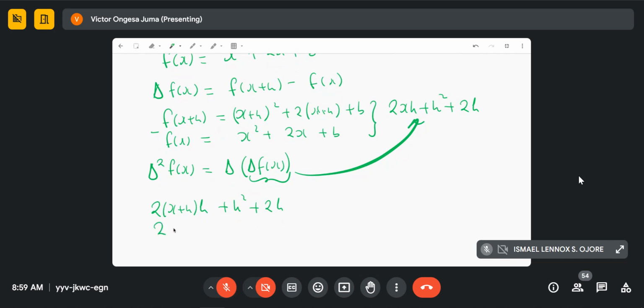Then subtract 2xh plus h squared plus 2h. I'm subtracting this. These two will go, 2xh will go. And then I remain with 2h squared, right? Can you confirm that that is 2h squared?